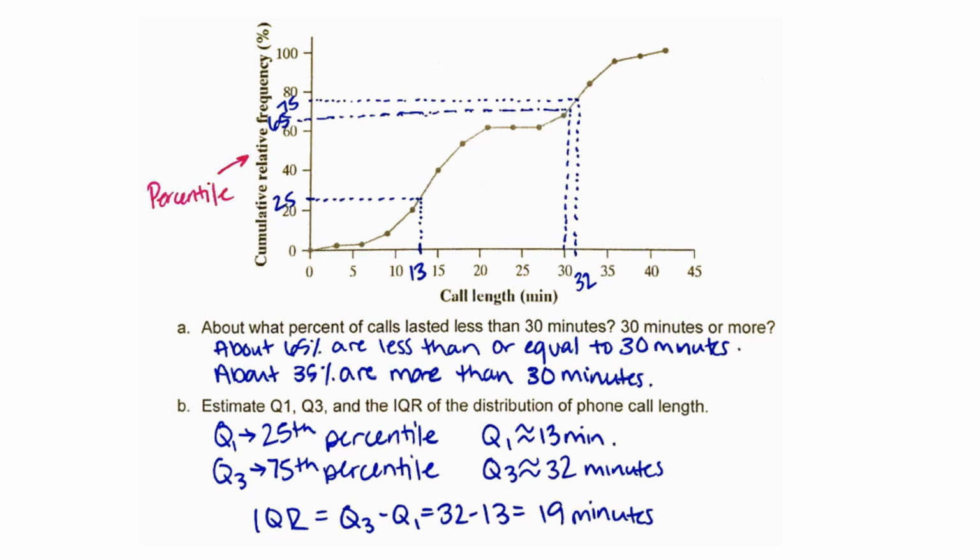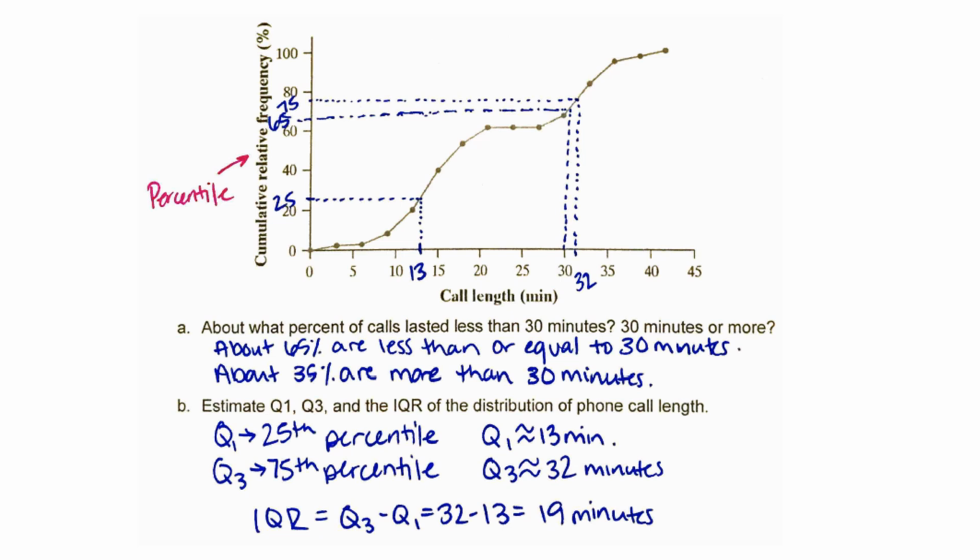But the AP exam will have a little bit of wiggle room for where it's less than 30. Same thing when you're estimating the first quartile, the third quartile, and the interquartile range. They say that the 25th percentile should be somewhere between 10 and 15, and the 75th percentile should be somewhere around 30, 30 to 35, not quite 35.